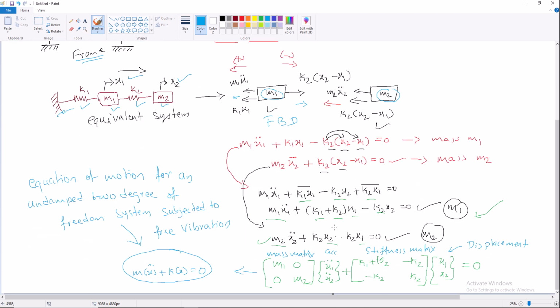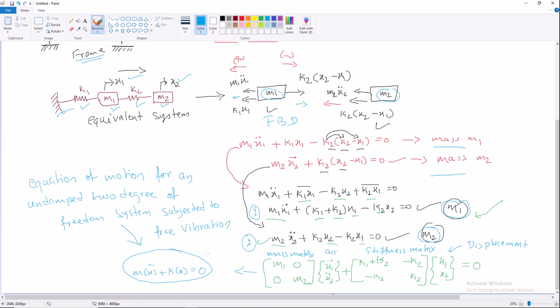These are the 2 equations for which we rearranged the terms for m1 and m2. From these 2 equations we have written the equation of motion in matrix form: the mass matrix connecting to the acceleration matrix x1 and x2 double dot, and the stiffness matrix seen from equations 1 and 2 associated with x1 and x2, which is equal to 0.